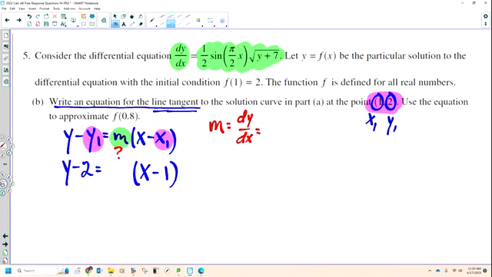Notice I have an x and a y that I need to input. This x and this y are going to go into the derivative. So I've got 1/2 sine of pi over 2 times my x value, which is 1, times the square root of y, which is 2, plus 7.